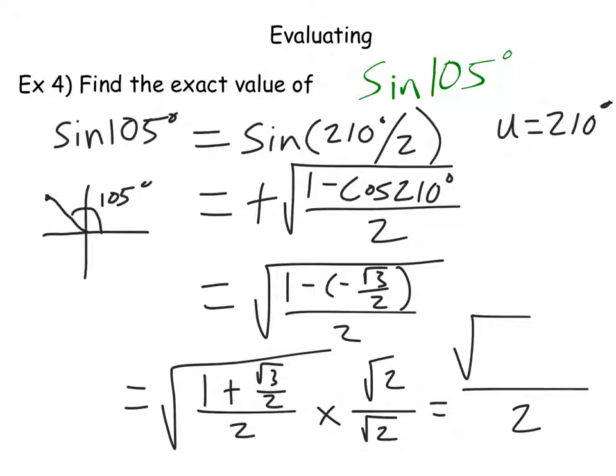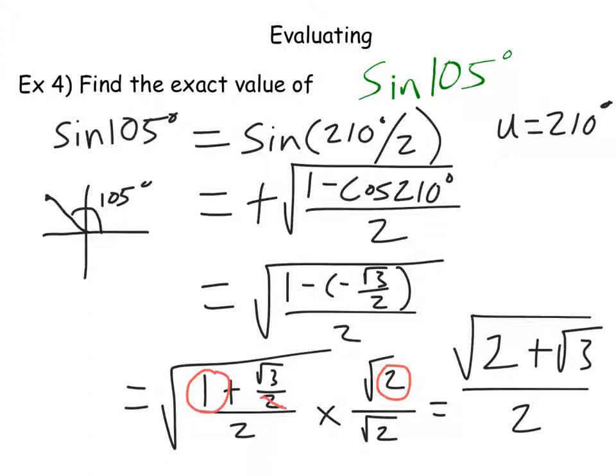Now up on the top, think of this as, like, all we're doing here is multiplying underneath the square root. All right, so I'm taking this 2 and multiplying by that 1, so I would get 2 plus, okay, at this point, the 2, when I multiply it by square root 3 over 2, all that's going to do is cancel that 2 down there, and we'll have 2 plus square root 3.